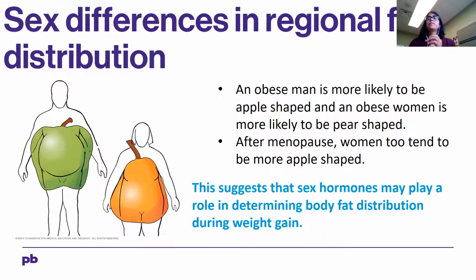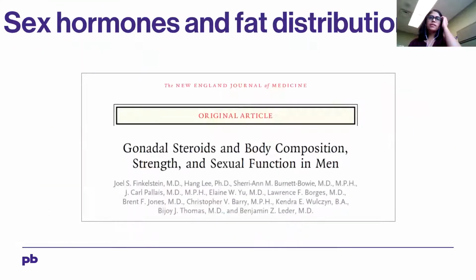So at the same time, when we were thinking about all of this, there was this elegant study published in the New England Journal of Medicine. And briefly, what they did in the study was they had healthy men come in. They suppressed the endogenous testosterone. As a result, there was also suppression of estrogen.